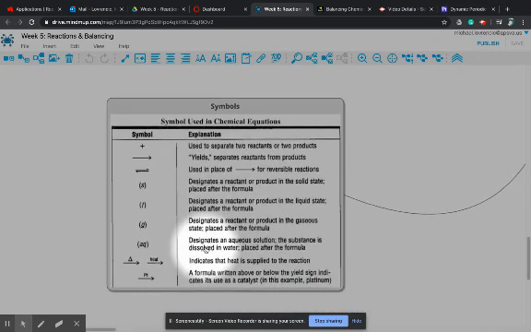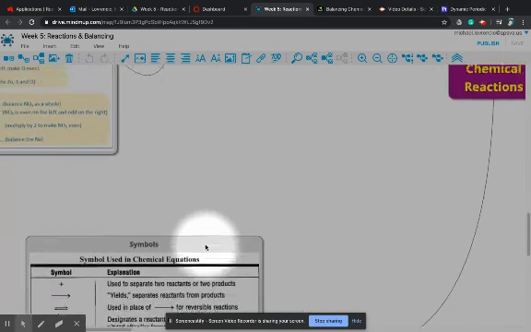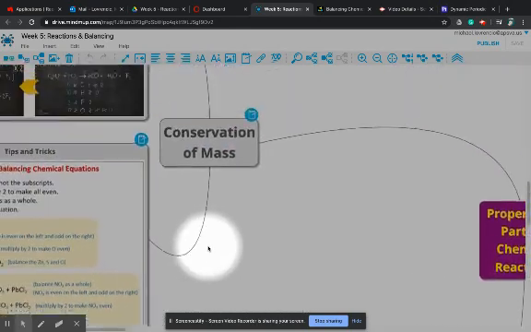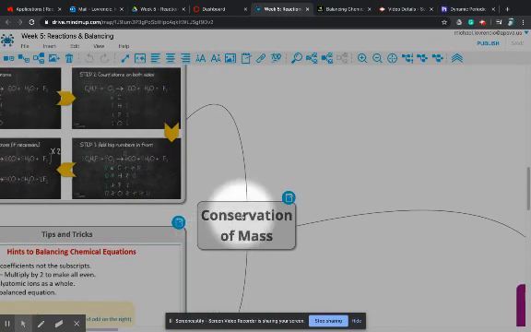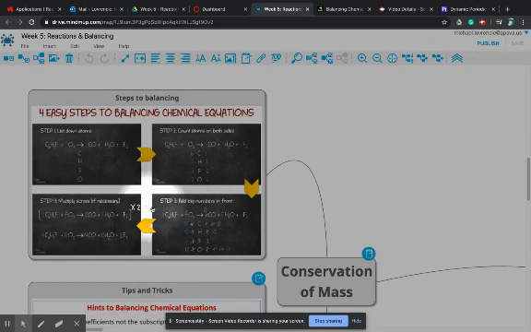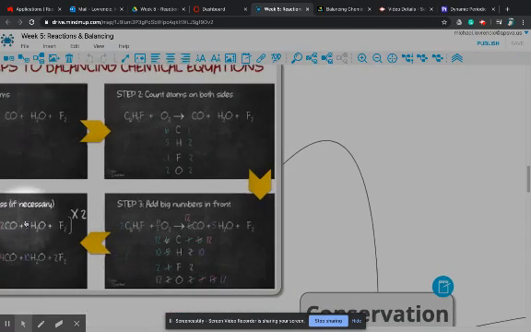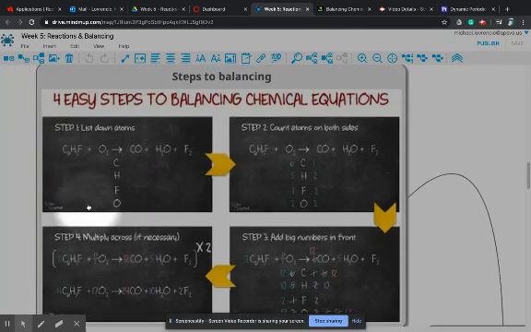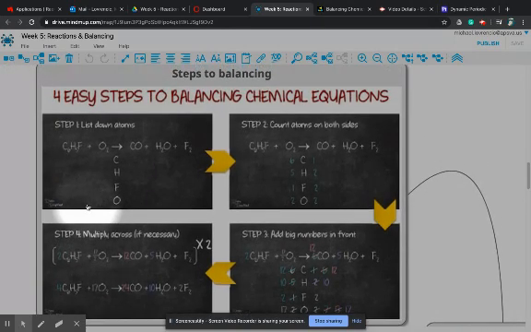And remember, when we look at those reactions, they have to obey the conservation of mass, which means we need to balance those chemical equations so that the number of atoms on the reactant side and the product side are equal.